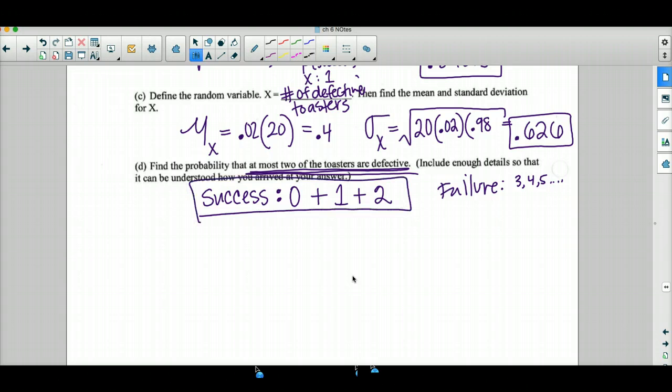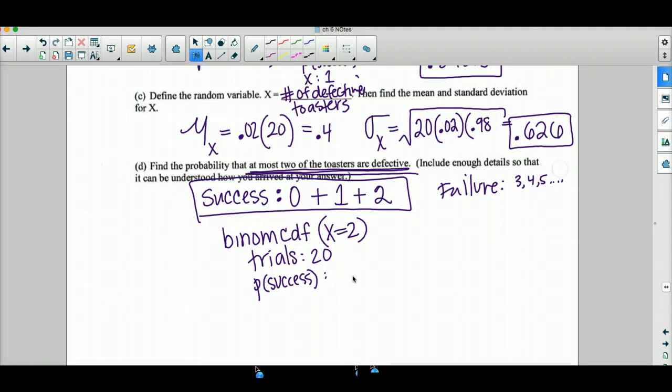And so that is binomcdf X equals 2. So my trials are 20. My probability of success is finding a defective toaster, which is 0.02. And my number that I would want to find is 2. And remember, it would add 0 and 1 and 2 together.